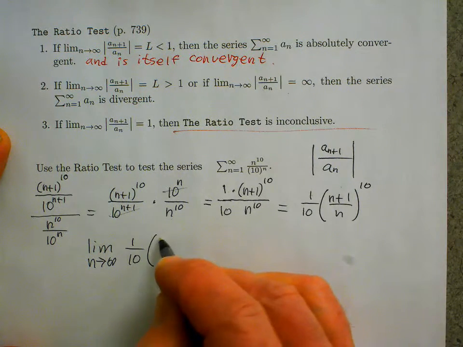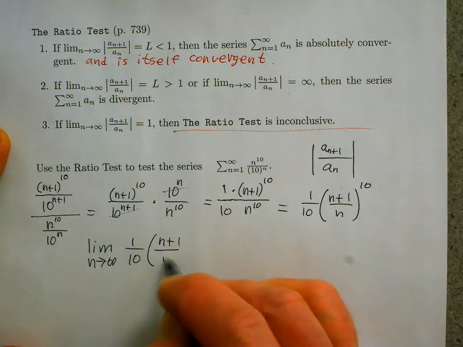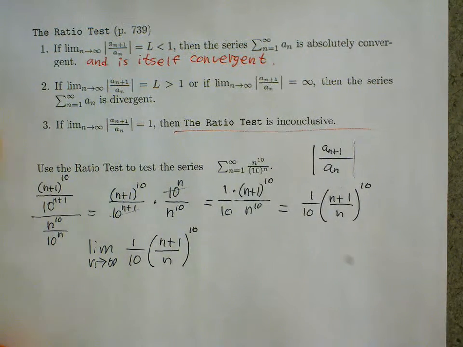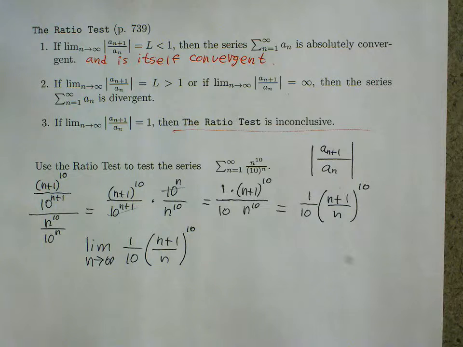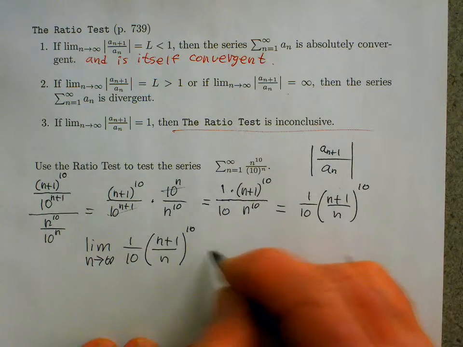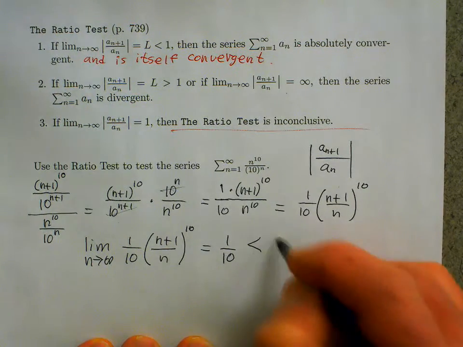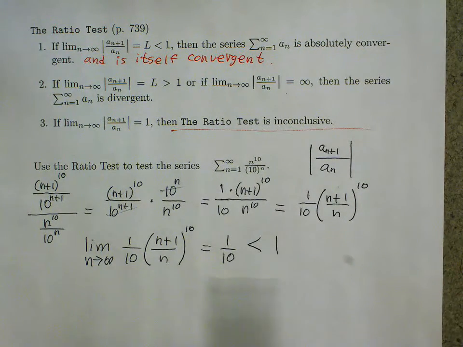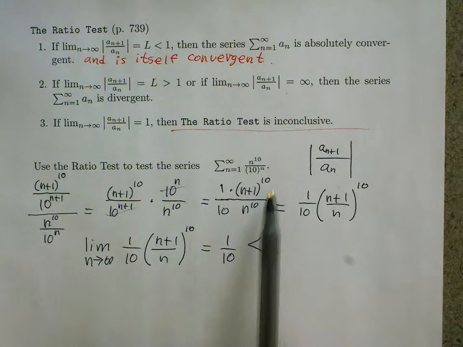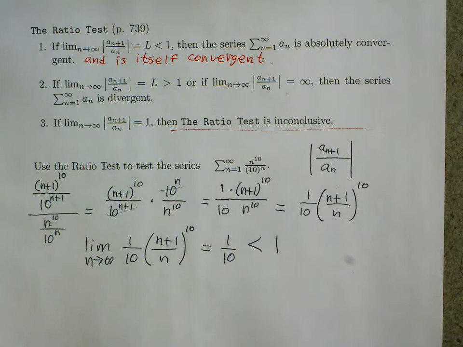And what do we get? Well, the limit of n plus 1 over n as n approaches infinity is 1. So 1 to the 10th is 1, and so 1/10 times 1 is 1/10. So this limit is less than 1, and so the ratio test tells us that this series is absolutely convergent.